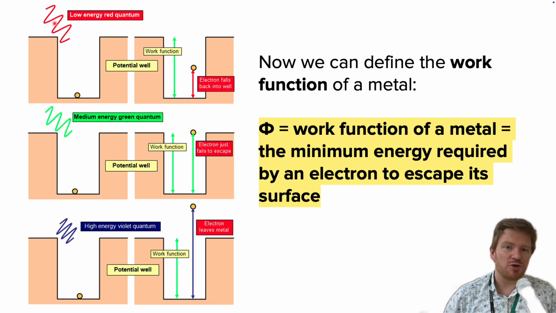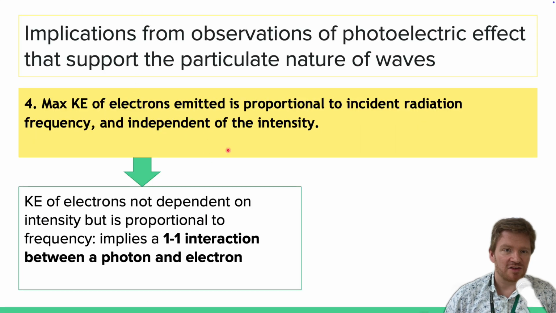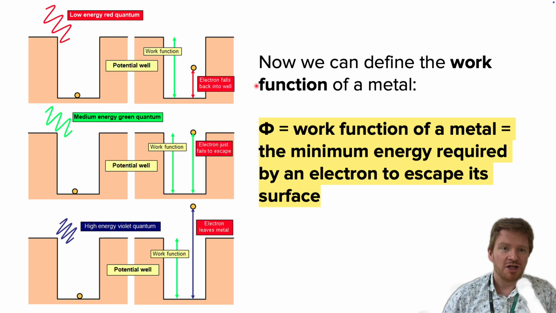Well, if we're talking about this one-to-one interaction, remember we came back here and we said that the maximum kinetic energy implies that there's a one-to-one interaction. Well, we can say when the red light is absorbed by the electron, or it transfers its energy to the electron, that's not enough. So the electron can't escape its well.